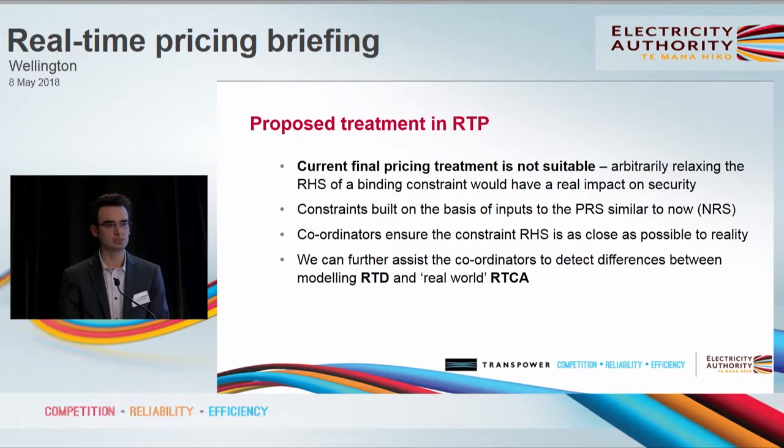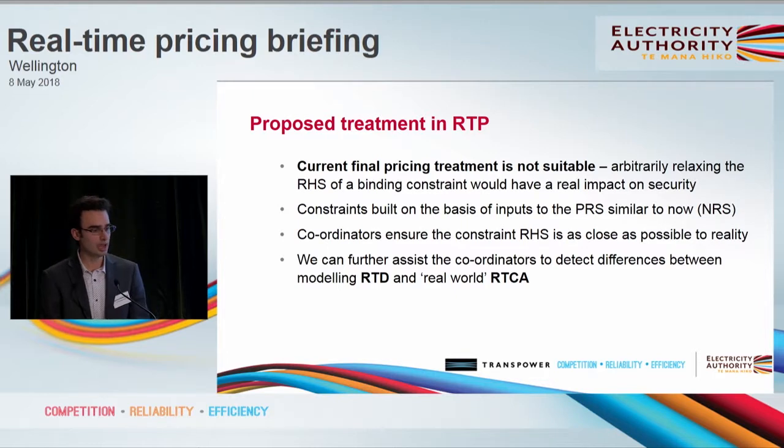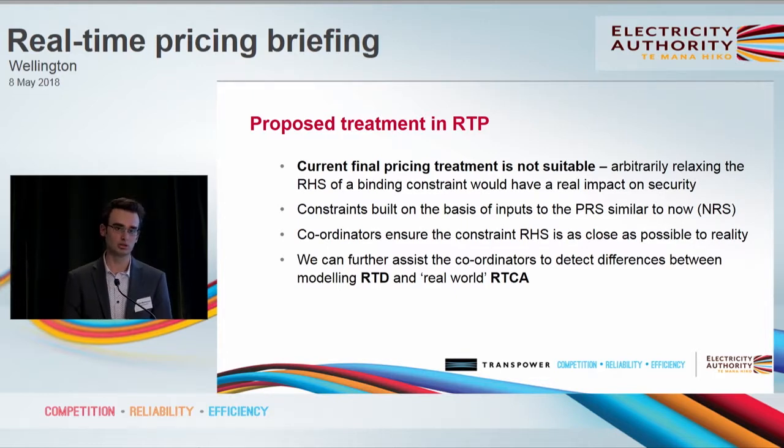It's what we need to dispatch generation and demand resources off. And any constraint adjustment is going to have a consequential impact on system security. So we don't want to be applying arbitrarily a relaxation factor like we do now, simply on the basis that it's a test.